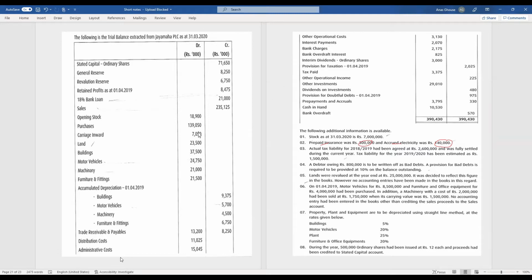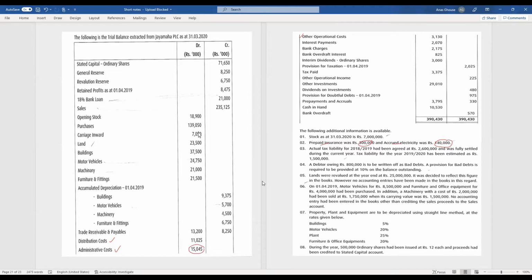As you can see, you are given the main headings like distribution cost, administrative cost, and other operational costs. So what we can do is adjust this insurance and accrued electricity under administrative cost.